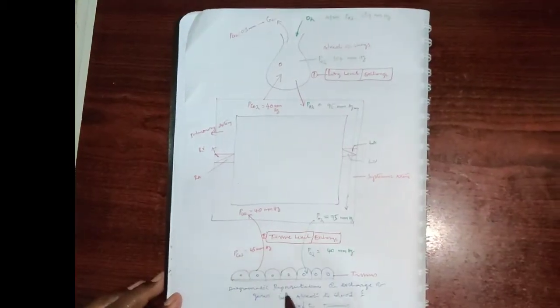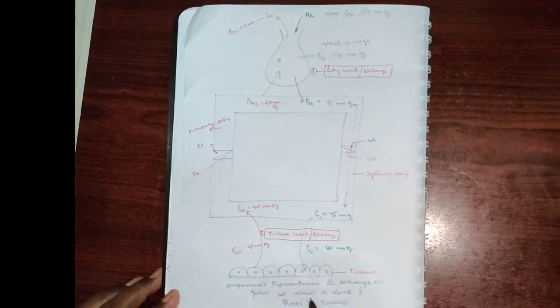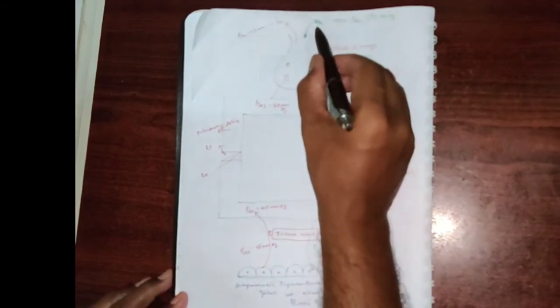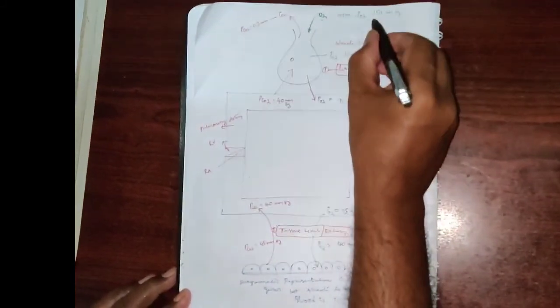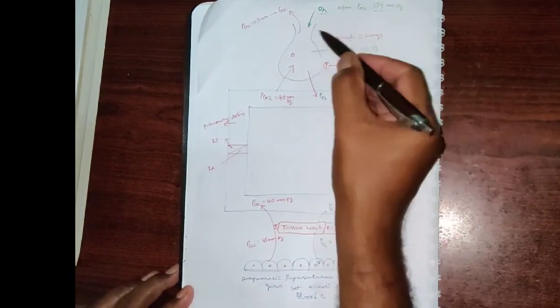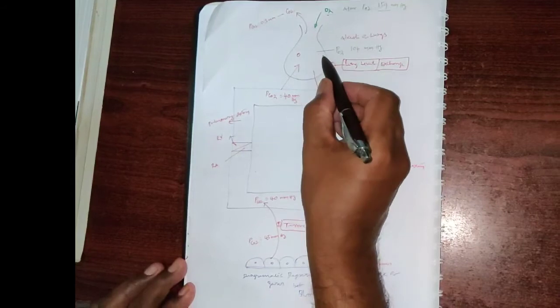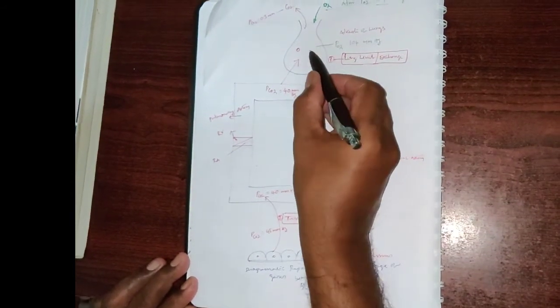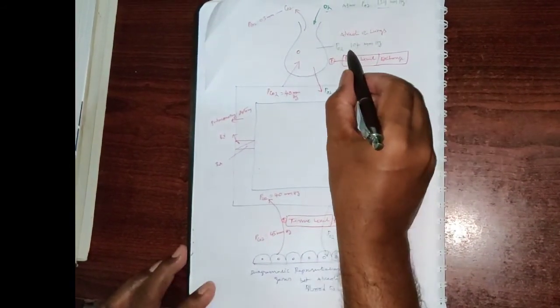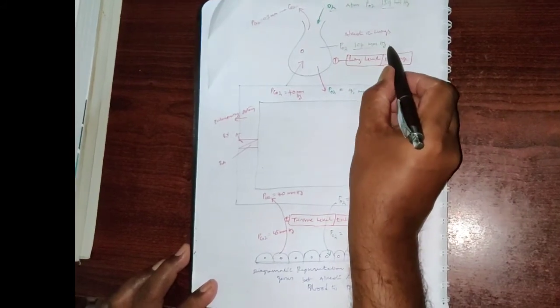So now let's see the diagrammatic representation of the exchange of gases between alveoli and blood to the tissues. Let us see the atmospheric oxygen. The partial pressure is 159 mm of mercury, which enters into the lungs by inhalation. In the lungs, at the alveoli, the partial pressure of oxygen is 104 mm of mercury.